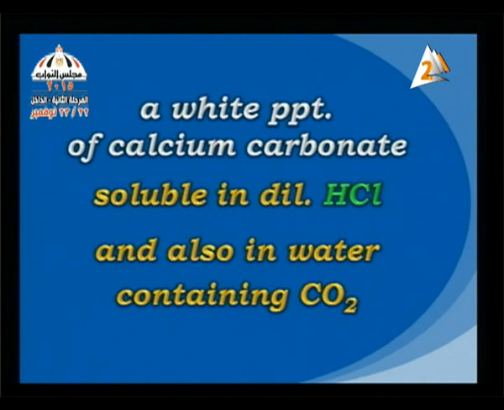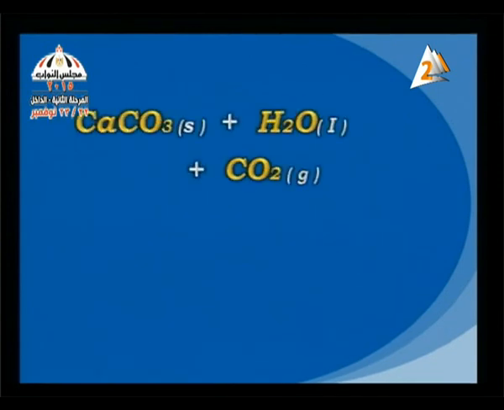Concentrate, my lovely students. Now you must also add water containing carbon dioxide. Do you think what is the result for this case? Look at the equation and tell me the important one. The equation: calcium carbonate in solid state plus H2O liquid, and carbon dioxide in gaseous state.